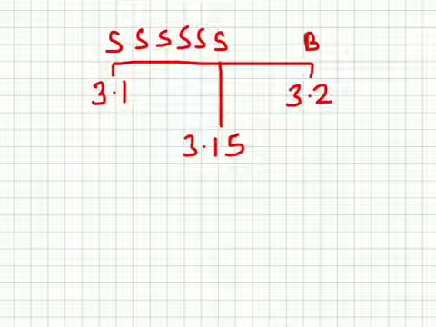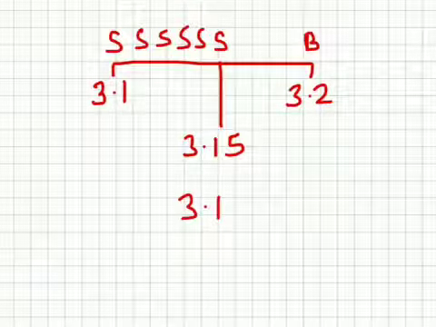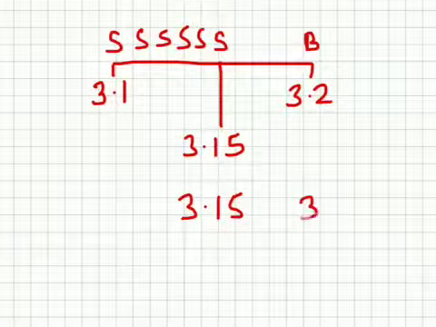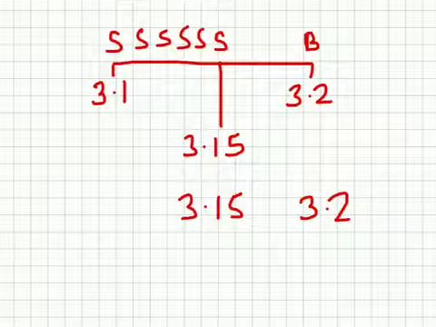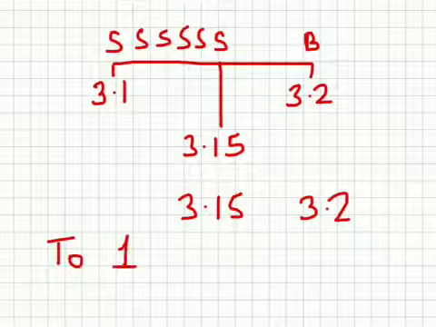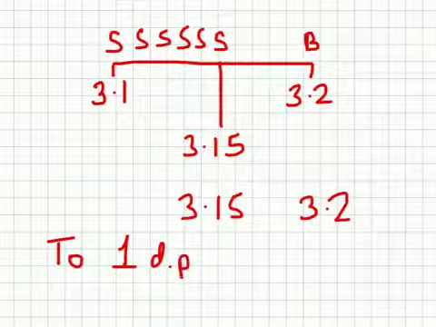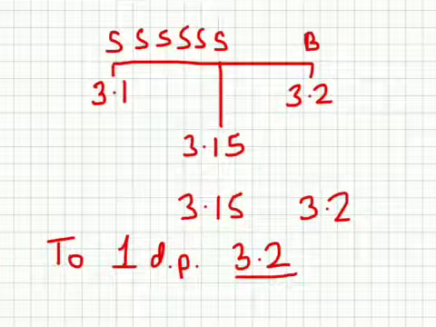So really what I can say is somewhere between 3.15 and 3.2 would give me the answer. So the answer is closer to 3.2 than it is 3.1. So the answer to one decimal place is 3.2. And this would be enough for the examiner to see that you knew what you were talking about.